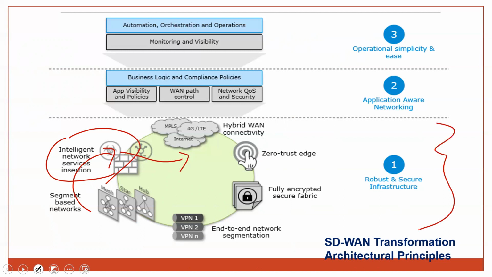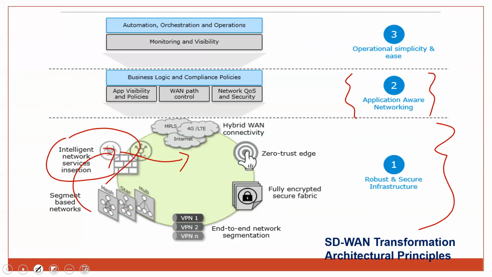Apart from that, we know why we need SD-WAN or an SDN solution: because we want application visibility. So in SD-WAN, yes, we can do application aware routing. What other routing can we do? One is application aware routing, and obviously we can do normal routing as well.